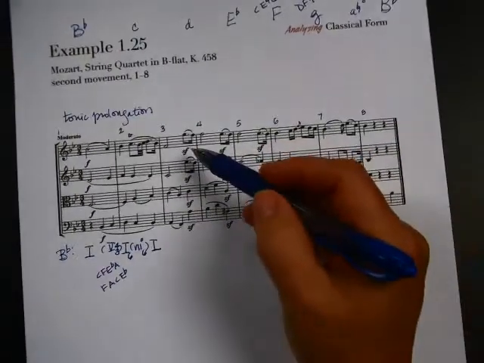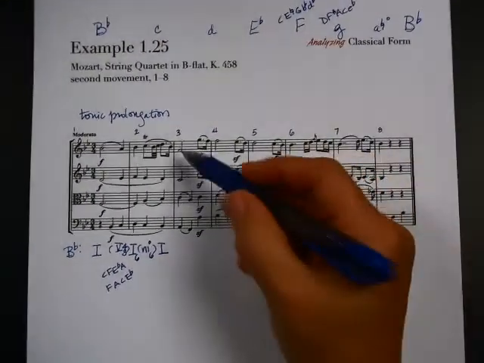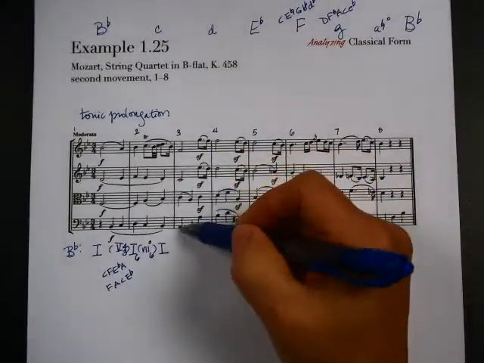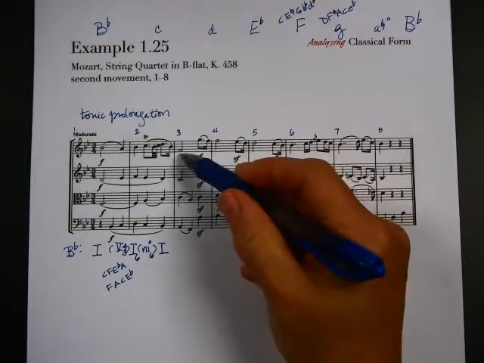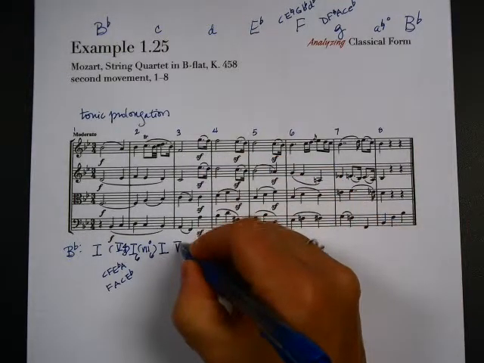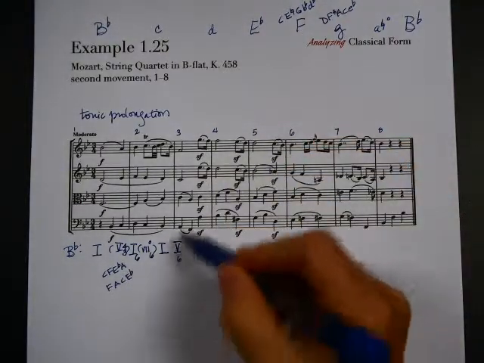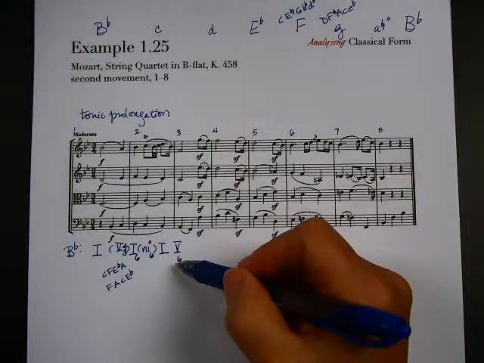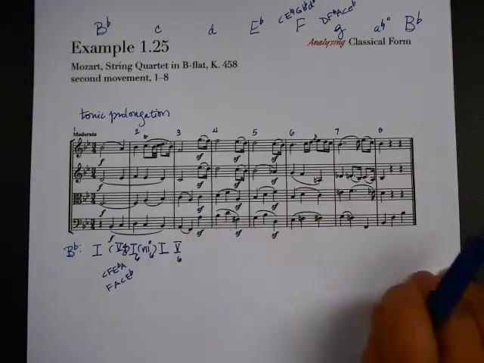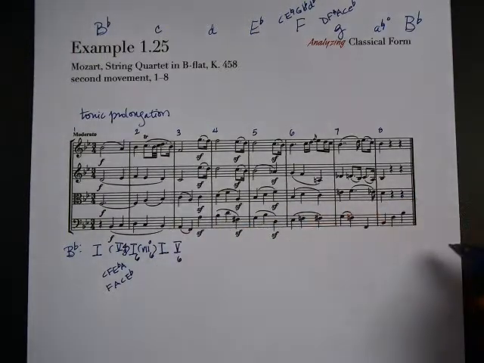Measure 3 arrives on 5 chord, but in first inversion, A, C, F. So 5, 6, first inversion. I'm having to scrunch things because there's just not a whole lot of horizontal space to write the Roman numeral analysis.